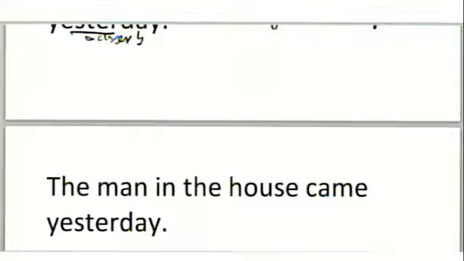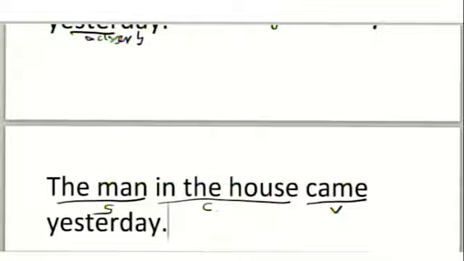The man in the house came yesterday. What is our subject? We have the man. We have an adjective, which is describing the man. This is an adjectival phrase. Okay, so that is our complement. And then we have a verb, which is came, and then yesterday, which is an adverb.